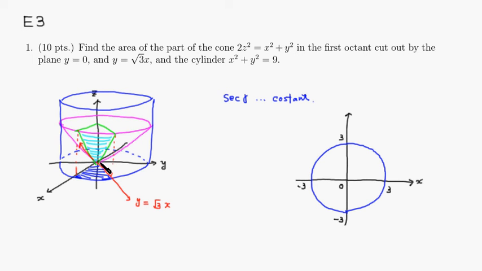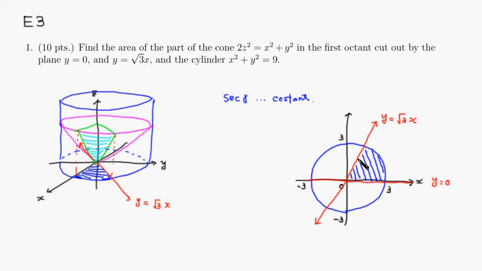Then y equals 0 cuts through here, the same as the x-axis. And then you have another one that's y equals square root of 3x. So it looks like this, and this is the region we're talking about. This is the projection of the surface we're interested in onto the xy plane.